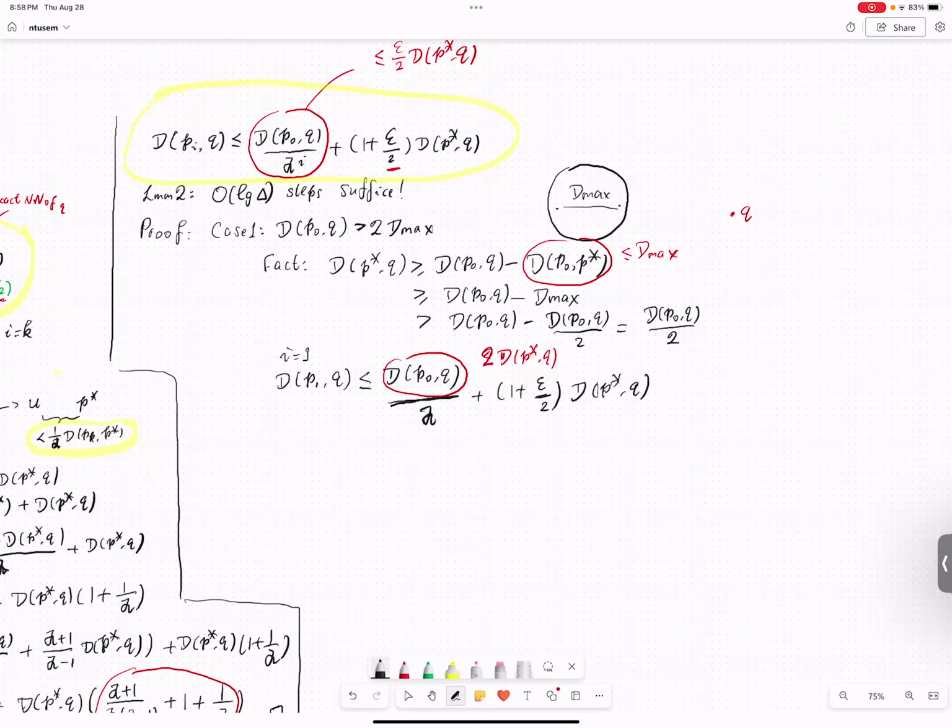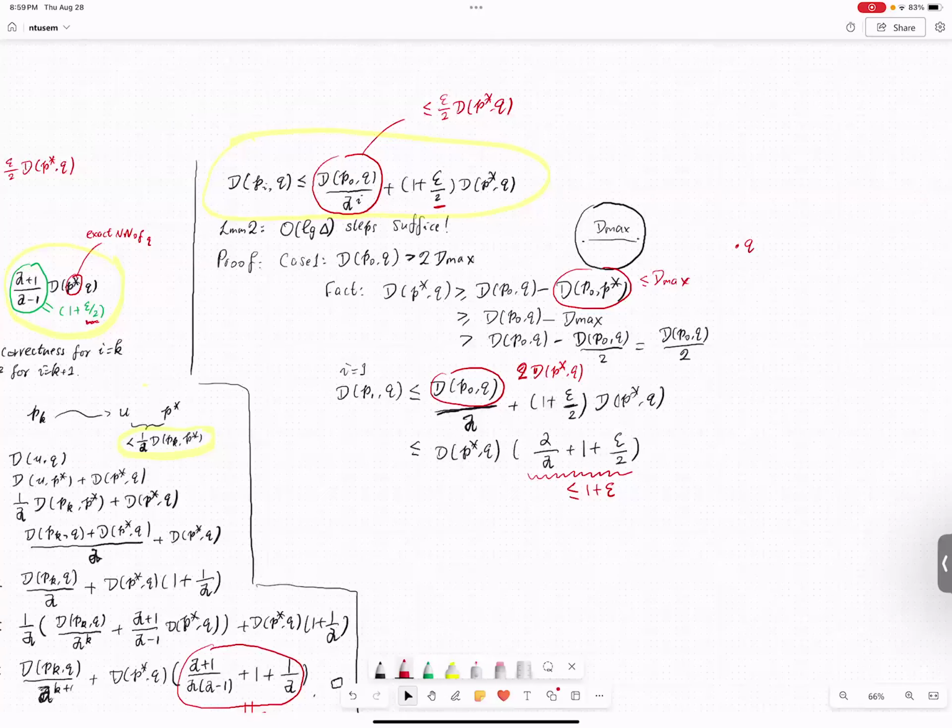If we apply this, we have that this is less than or equal to d(P star, Q) times 2 over alpha plus 1 plus epsilon over 2. I'm not going to do the math for you, but you can convince yourself that with our choice of alpha, this is bounded by 1 plus epsilon.